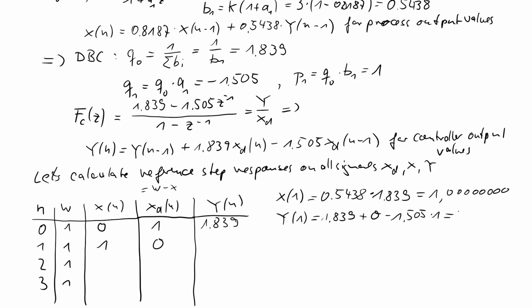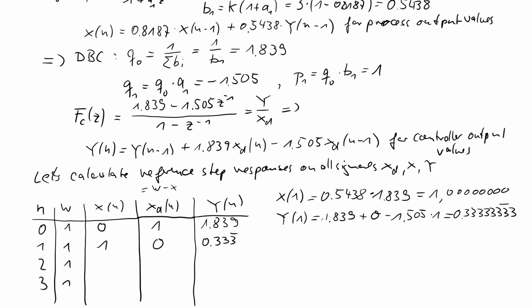This should be 0.3333, yes, with 1,000 digits, a period of 3. So this is 0.333. So that we can now look for the next step.